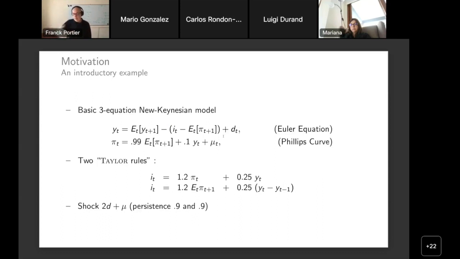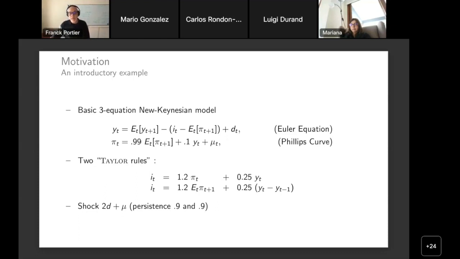The idea being that prices are sticky. When I decide my markup over marginal cost, I know that I may not be able to reset my price in the future. So instead of charging a markup over current marginal cost, I'm charging a markup over some expected average discounted marginal cost.